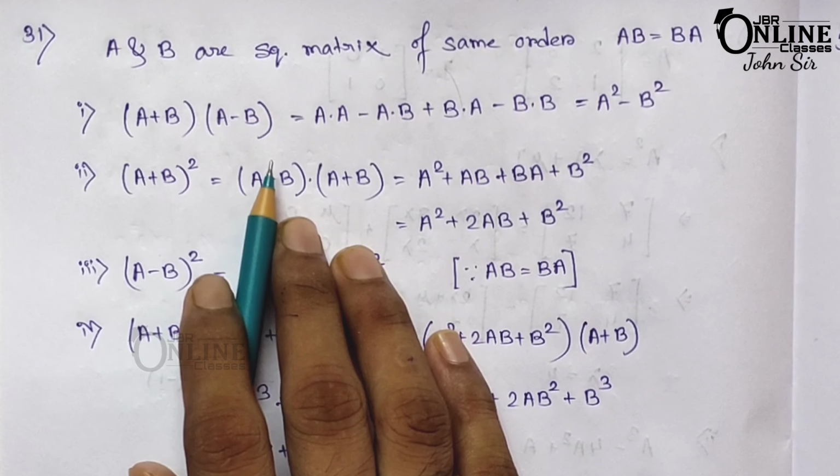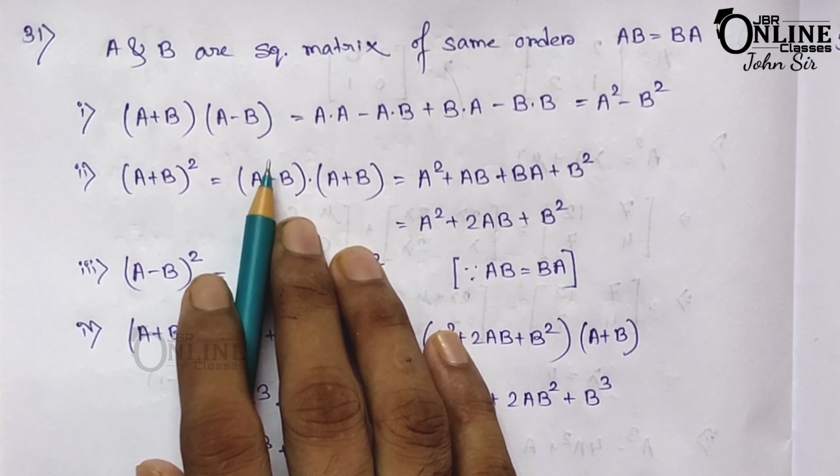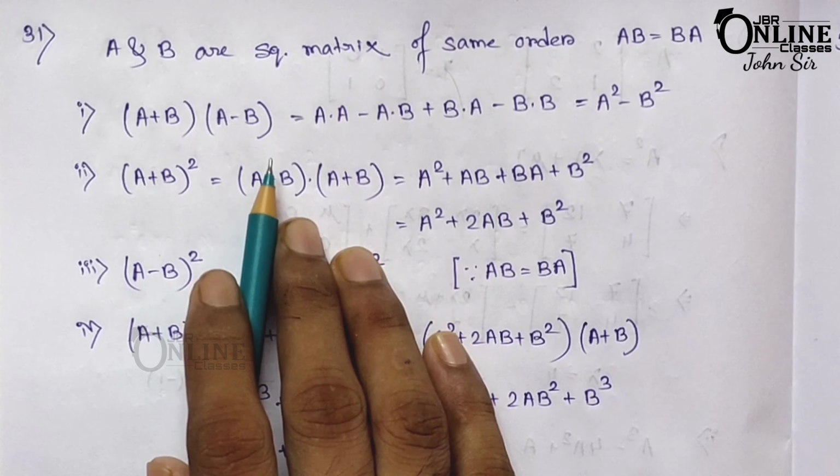Next, sum number 31. If A, B are square matrices of the same order such that AB equals BA. Now it is given, AB equals BA. Then prove that (A + B)(A − B). Whenever you multiply this, A into A minus AB plus BA minus BB. As here AB equals BA, this will cancel out.